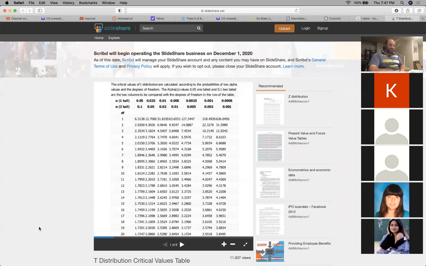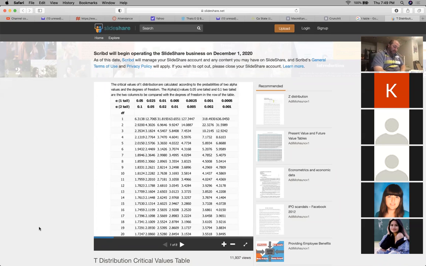So why is it 0.975 again? Because remember, we have a shape that looks like a bell curve. It might be a bell curve, it might be close to a bell curve. And we want 95% to be in the middle. We want a 95% confidence interval in the middle, which leaves 5% for the wings in total, right? And therefore 2.5% in this wing and 2.5% in this wing.